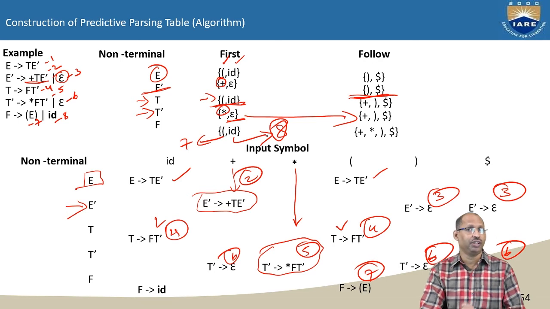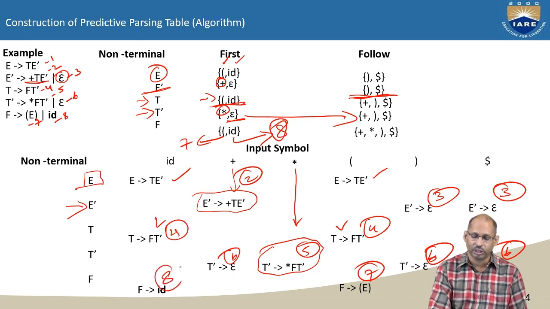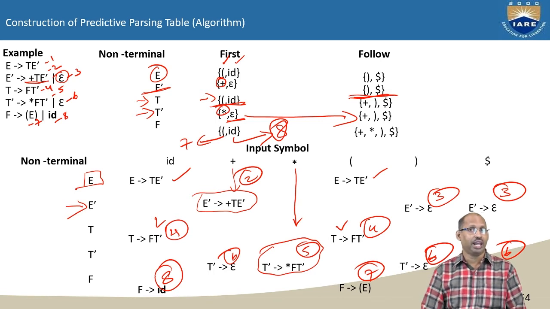What is the first of eighth production? The first of eighth production is id. So in the F row and id column we write F equal to id, the eighth production.